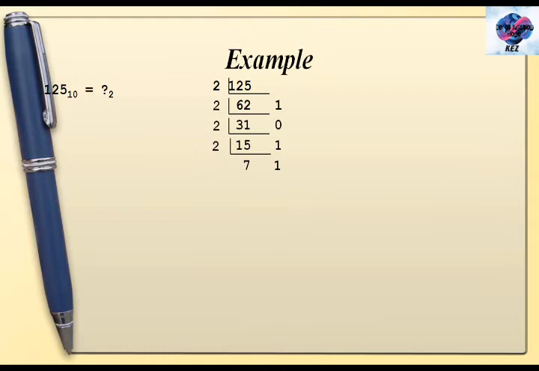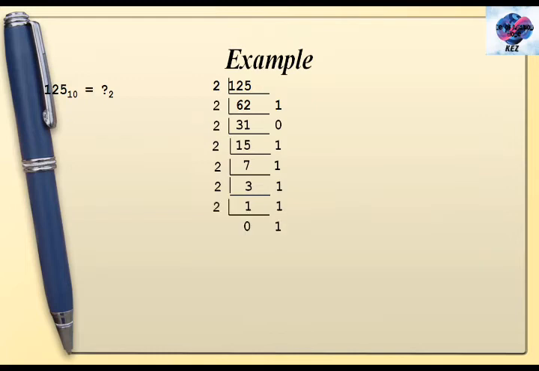Now 7 divided by 2 gives 3, remainder 1. 3 again divided by 2: 2 ones are 2, and the remainder is 1. Now the last quotient is 1.